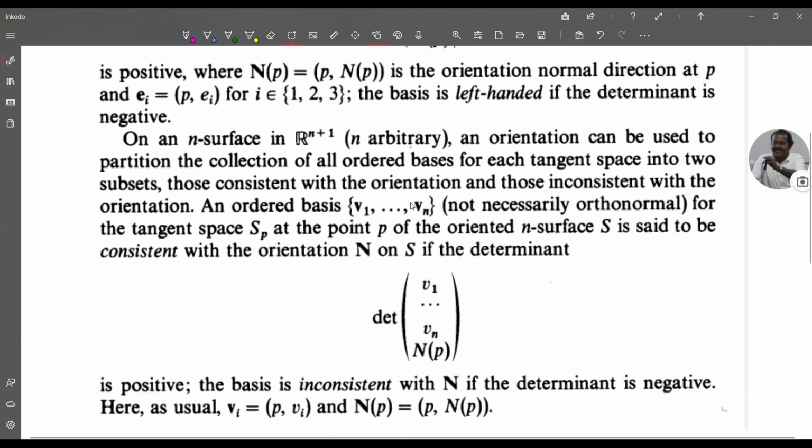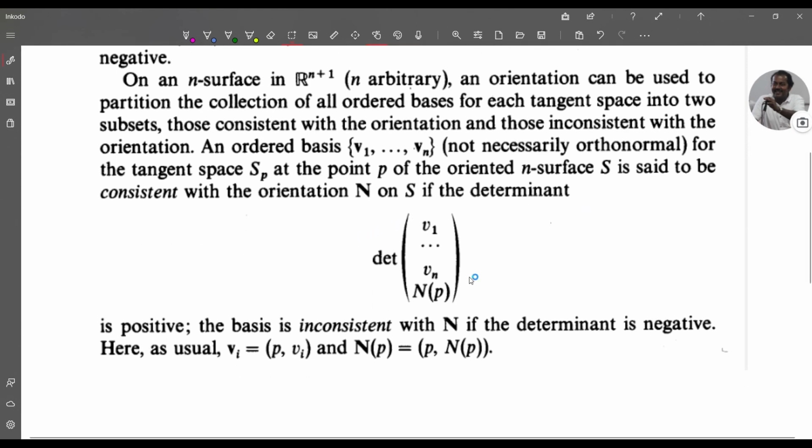Now, on an n surface in R^(n+1), n arbitrary, an orientation can be used to partition the collection of all ordered bases of each tangent space into two subsets, those consistent with the orientation and those inconsistent with the orientation. An ordered basis V1, V2, etc., Vn, not necessarily orthonormal, for the tangent space Sp at the point P of the oriented n surface is said to be consistent with orientation n on S if the determinant of V1, V2, etc., Vn, n of P is positive.